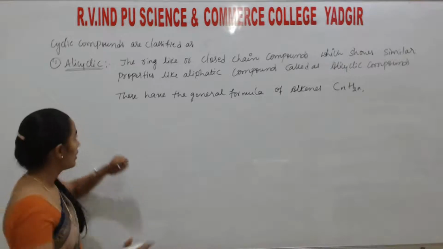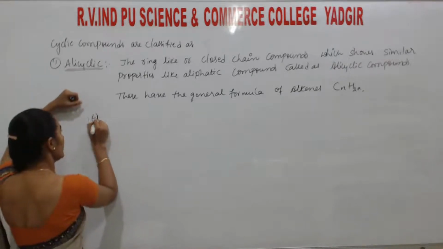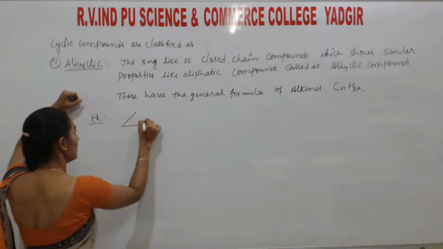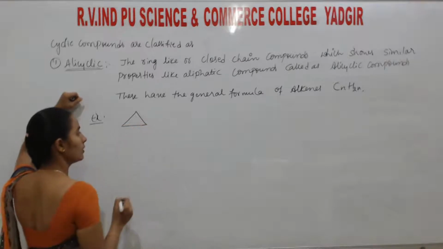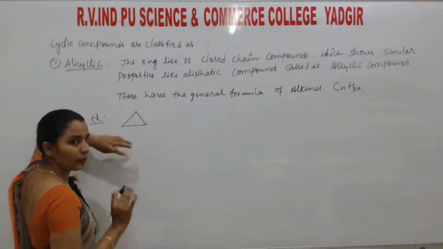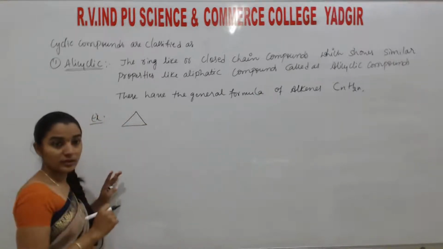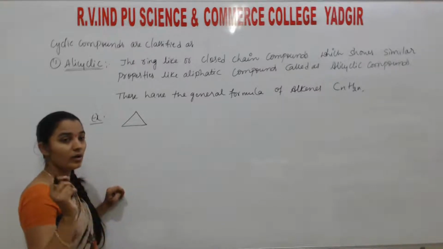Understand? Listen students, if I take the example of cyclopropane, 3 carbon atoms are there, propane, cyclic in structure, that's why it is called cyclopropane.